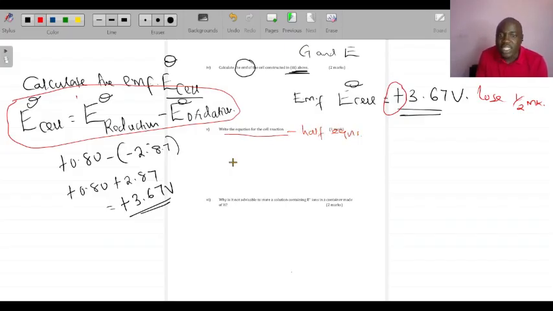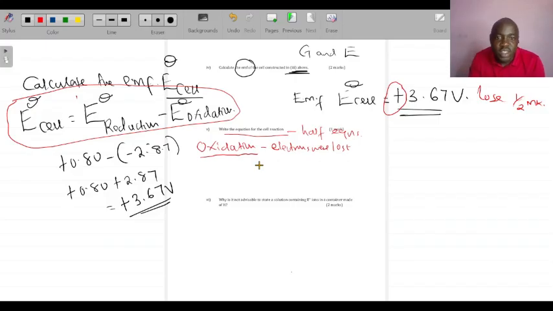I want to encourage students to always start with the oxidation half equation, because with oxidation, you're able to know how many electrons were lost.